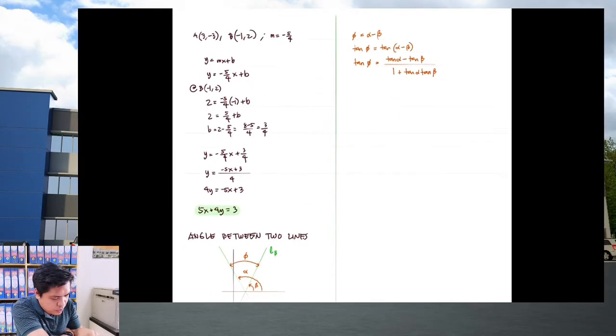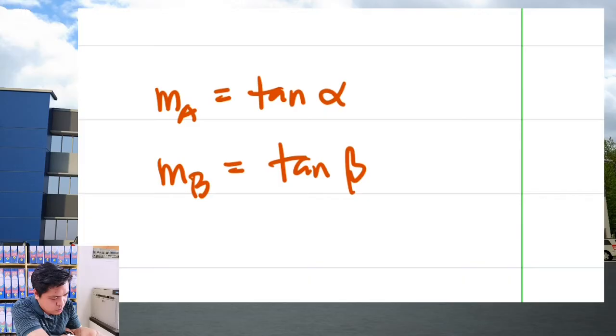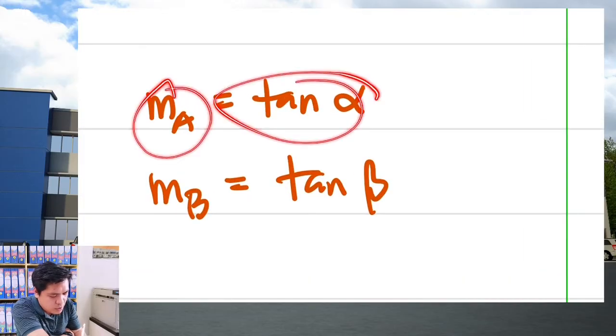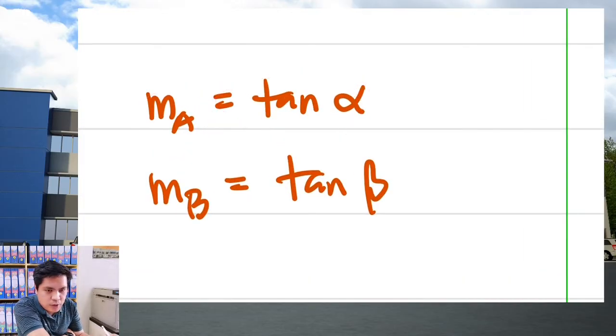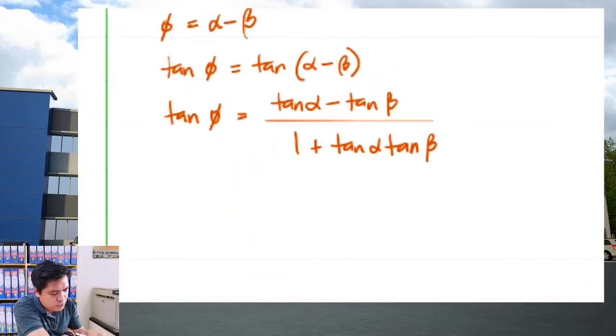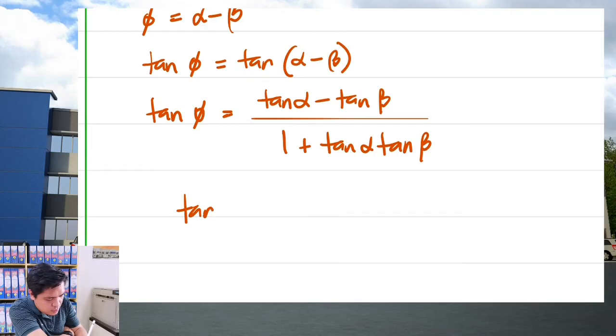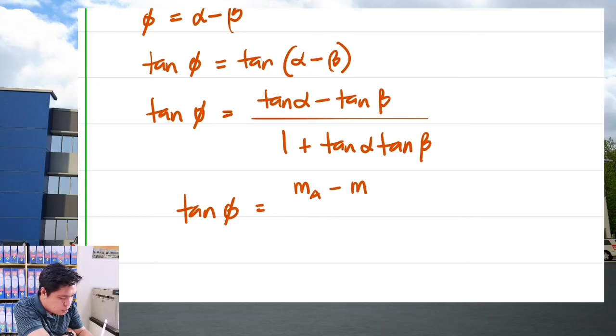But where there's more, eto siya. We know that tangent alpha is m sub A, or the slope of line A, and tangent beta is the slope of line B. So therefore, the tangent of phi is equal to the slope of line A minus the slope of line B over 1 plus the slope of line A times the slope of line B.